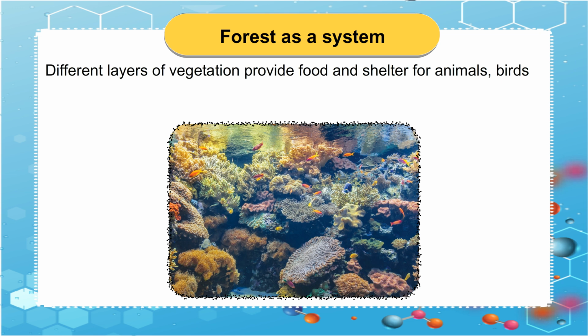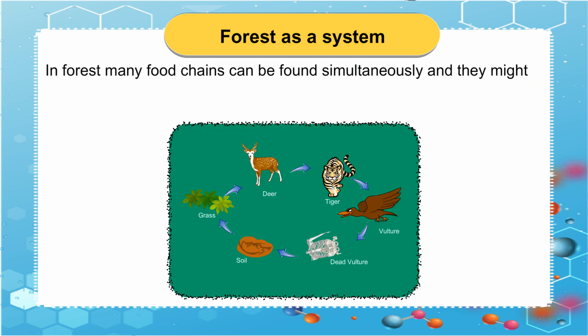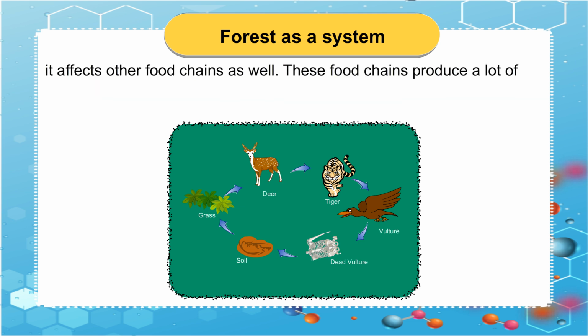Different layers of vegetation provide food and shelter for animals, birds and insects. All animals, whether herbivores or carnivores, depend ultimately on plants for their food supply. In forest many food chains can be found simultaneously and they might be intertwined. If any of the members of the food chain gets disturbed, it affects other food chains as well.